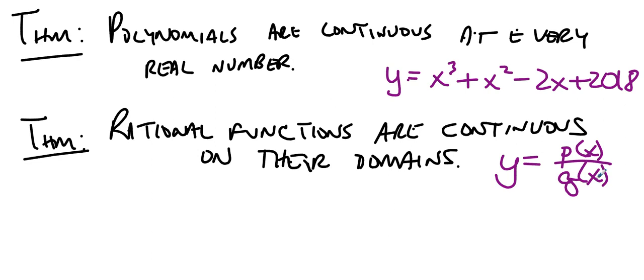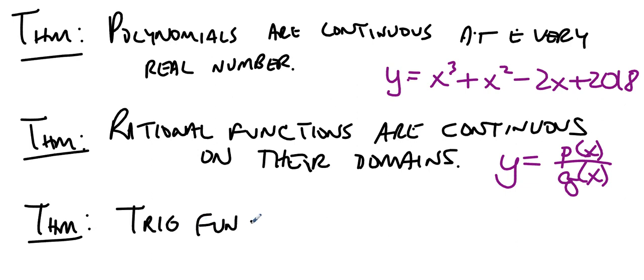And we know that quotients of continuous functions are fine because the limit laws give us that the limits will divide as long as this function is not 0. But it's okay, if this function is 0, then that's not part of the domain in the first place, so we're fine there. And then, just to set your mind at ease, trig functions are continuous on their domains.